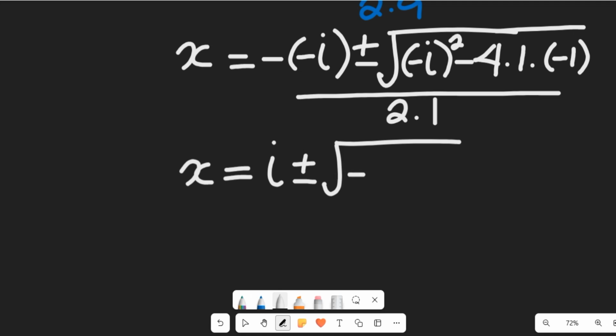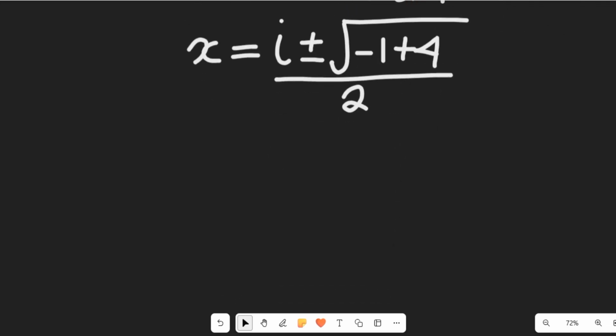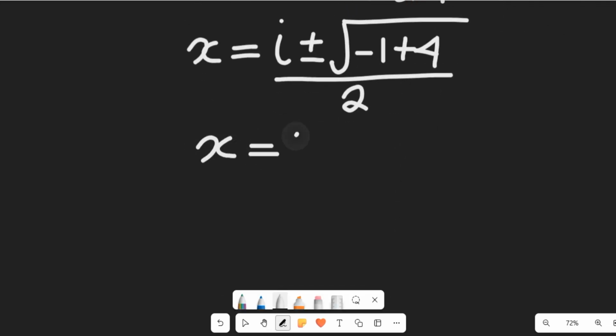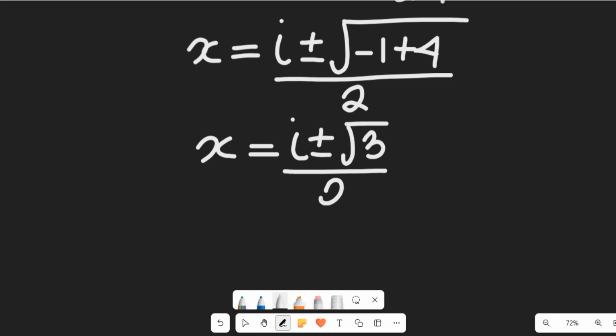So we'll have negative 1 minus 4 times negative 1, which gives plus 4. And the denominator gives us 2. So the value of x is simply equal to i plus or minus the square root of negative 1 plus 4, which is 3, divided by 2.